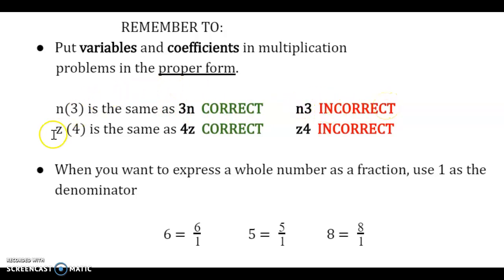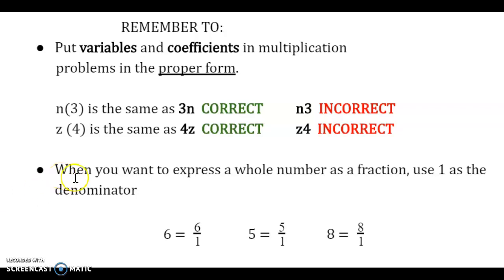Here's another example. Z times 4 in parentheses is the same as 4z. That is the correct form. Z4 is incorrect. Technically, it means the same thing, but it's easier to work on when you do problems.